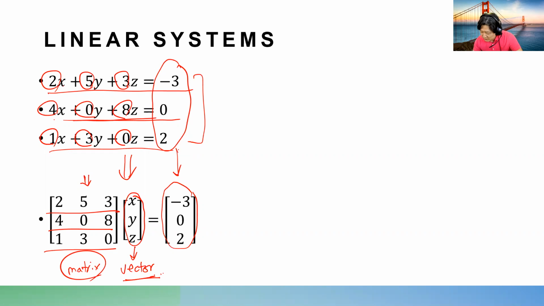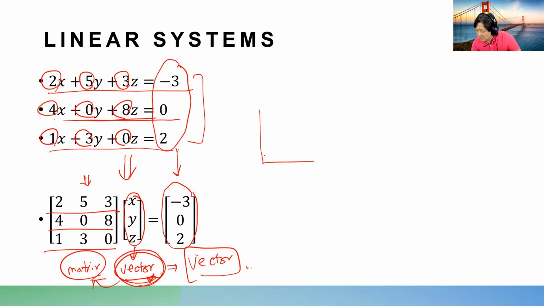If we do the linear transformation on this vector by multiplying by the matrix, we will get another vector, right? So which means if we have some vector and we multiply by some matrix, we will get another vector.